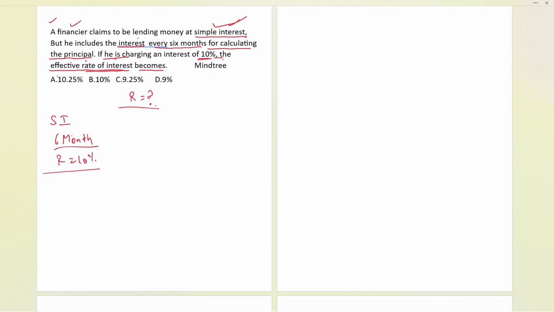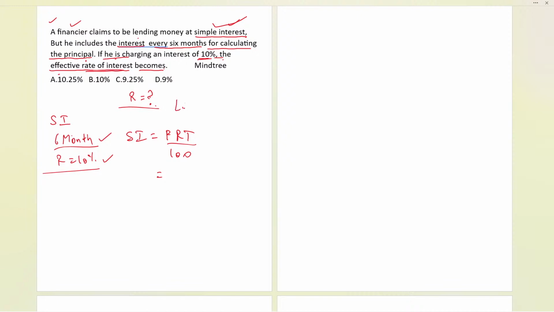Now the effective rate of interest after the overall time, whatever it is. Let me tell you, the financier includes interest after 6 months, and now we'll be calculating the simple interest for the first 6 months only. Let us see what we are getting. To calculate the simple interest, I'll apply the PRT by 100 formula. Now the principal I'll be considering over here, we don't know.